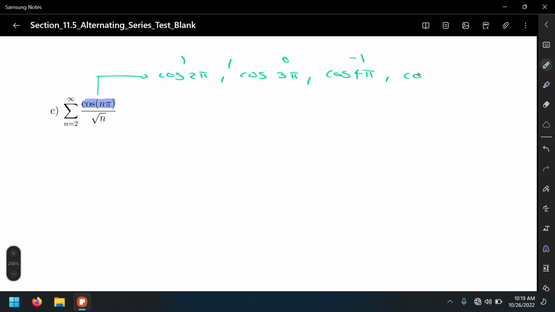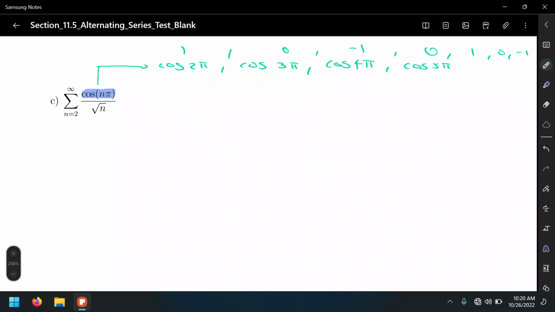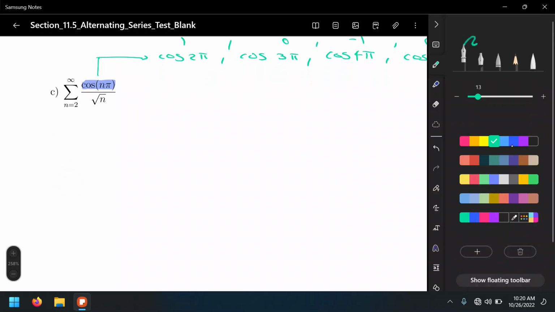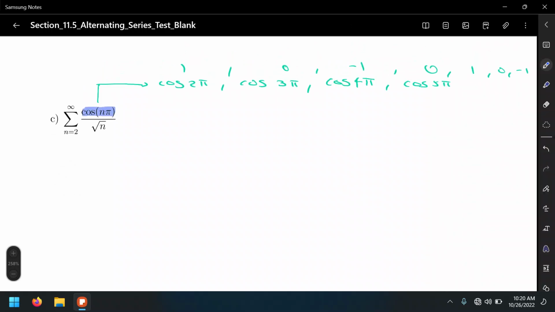And cosine 5 pi, -1. So the pattern continues 1, -1, 1, -1. That's how it bounces back and forth between -1 and 1.